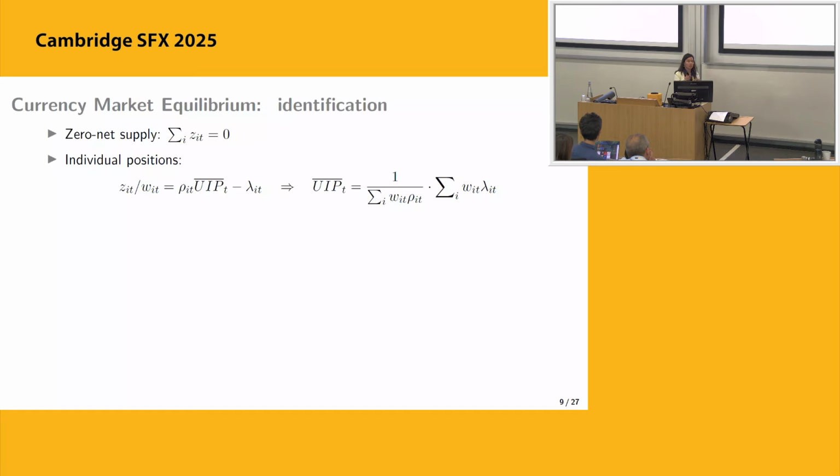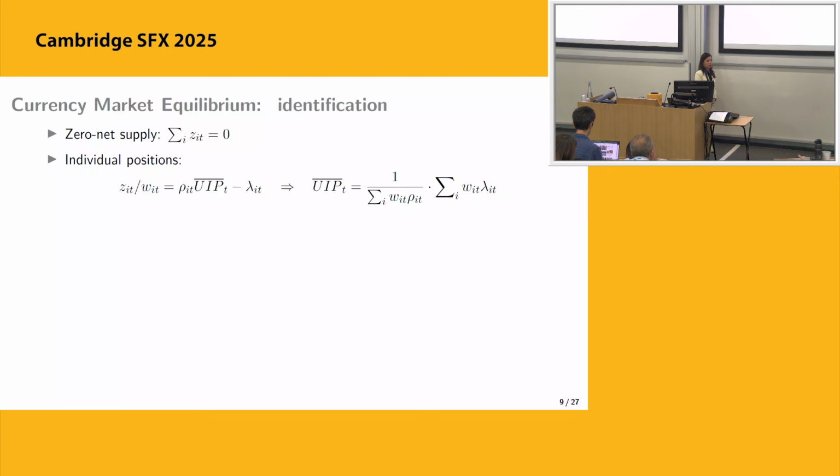And we think of each agent actually having both a slope and a shift in their demand for currency risk. So the slope, rho, describes a change in your currency risk position that co-varies with the expected return, UIP. But then at any point in time, you may also want to shed or increase FX risk exposure for other reasons.